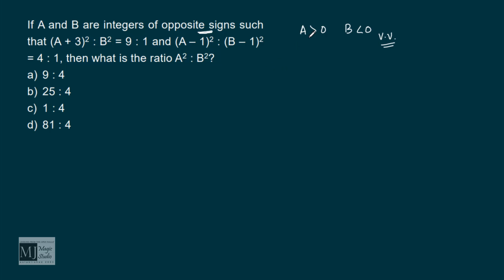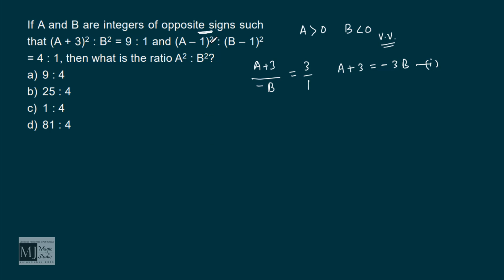Then if I have taken A positive and B negative, I can say (A plus 3) by minus B is equal to 3 by 1. What I am calculating is the subduplicate ratio, square rooting on both sides. So the first equation we have is A plus 3 equals minus 3B.